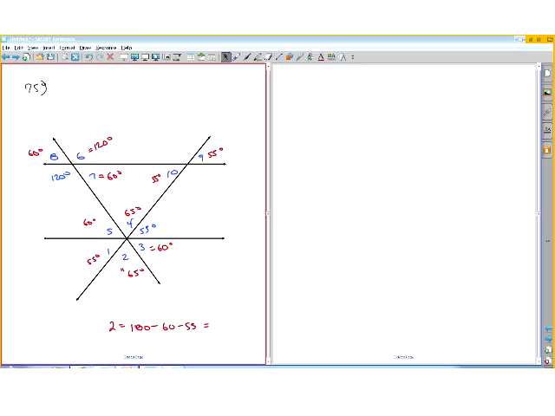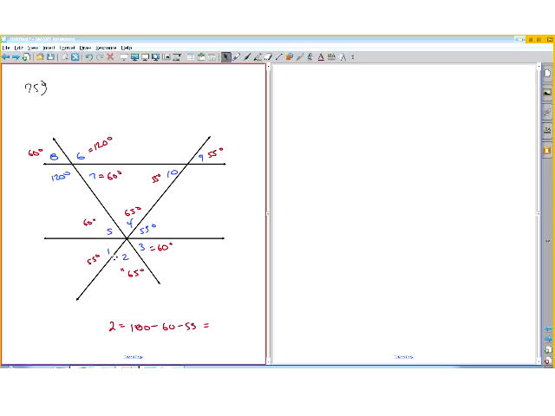Then we came down here. Here's the transversal. Here are the two parallel lines. So we took angle 8, which is this one. You come down here, and the corresponding angle with the same line and the parallel transversal is this angle. So that's 60. So that one equals that one.